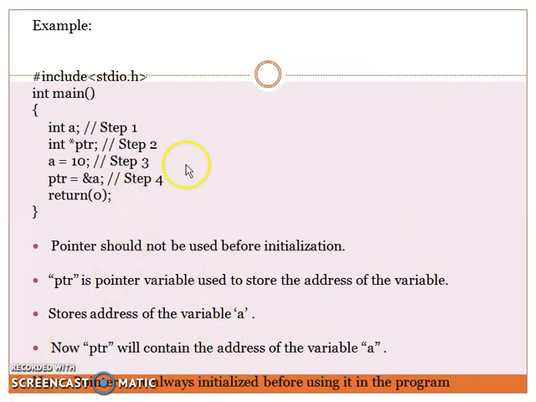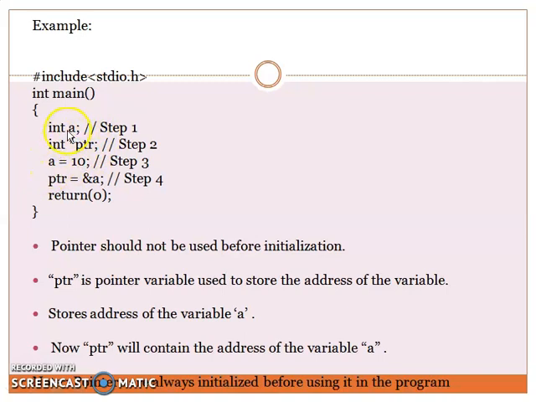So let's see how it works with one simple example. In our program, we are declaring one simple variable of type integer. The name of the variable is a. Then we are declaring one pointer variable. How do we know this is a pointer variable? This operator symbol, the pointer operator, differentiates the variable as a pointer variable.